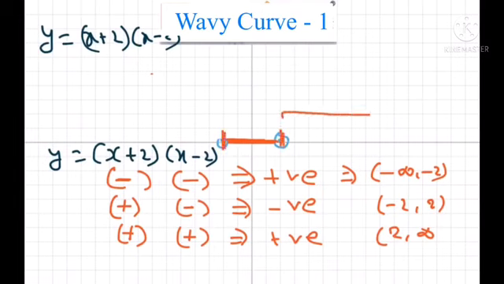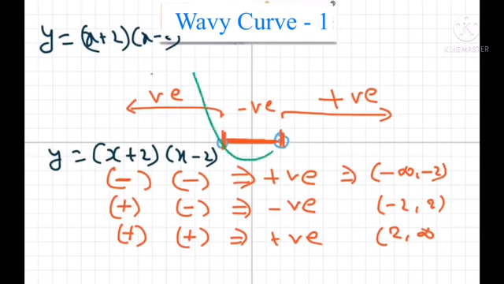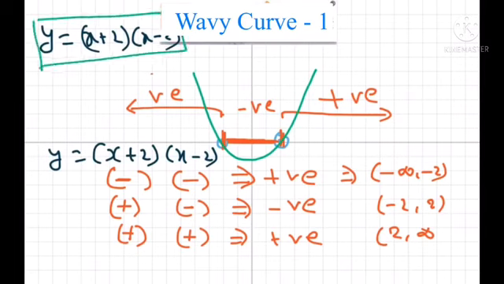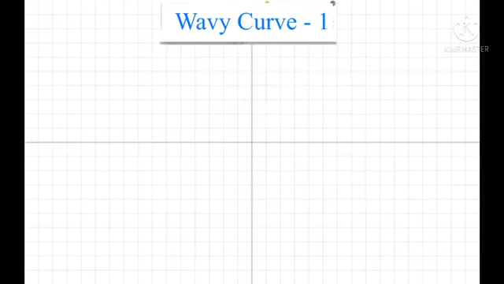In this range it is positive, in this range it is negative, and in this range it is again positive. So positive, negative, positive. And hence if you draw the graph, it looks like this. So I think you have understood the graph when we have two factors. Let's see one more example when we have two factors.